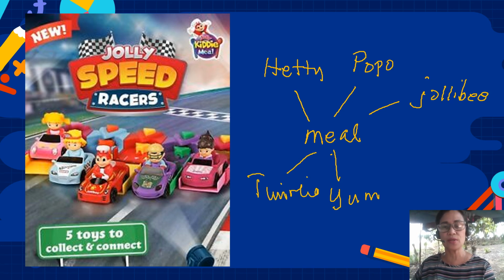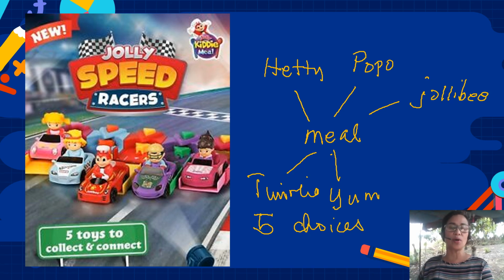So there are actually 1, 2, 3, 4, 5 choices. So this is an example of a combination wherein there is a group of objects from which you are going to select a particular number of objects.